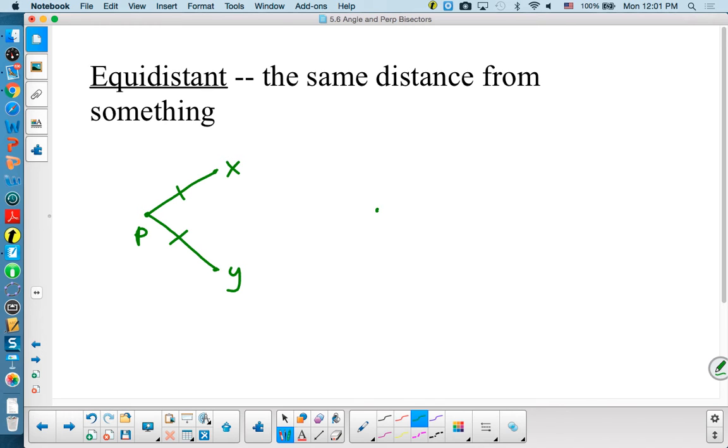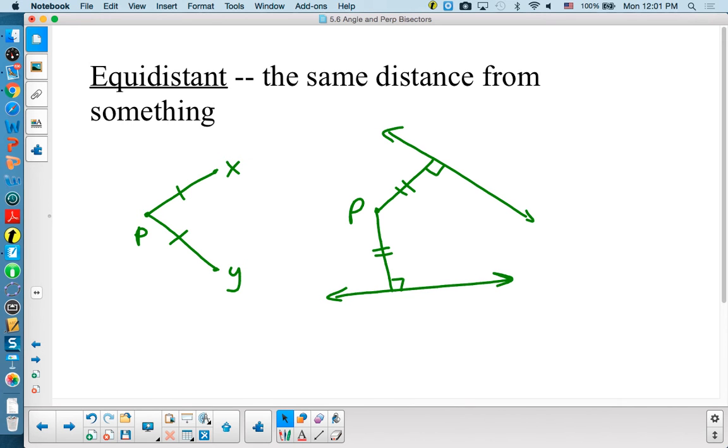Or we could have a point that is the same distance from a line going that direction, or this direction. So the term equidistant simply means the same distance from something.